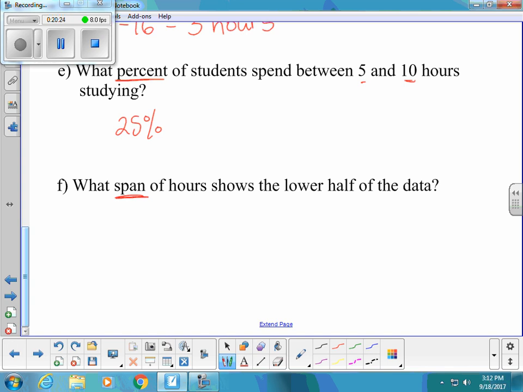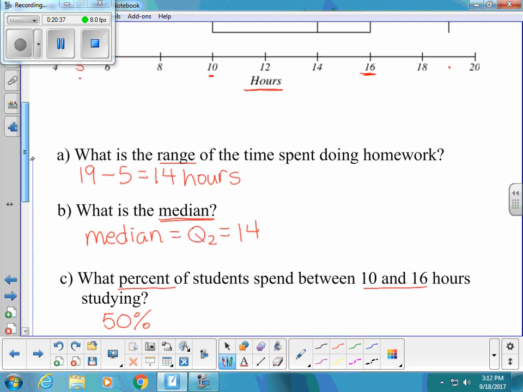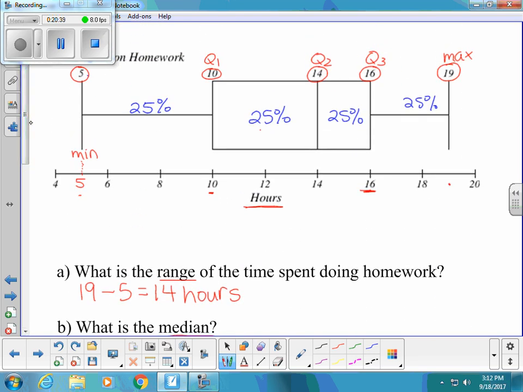And this question here, span, we haven't talked about that before. It says lower half. When you talk about percents, half would be 50%. The lower half would be from here, half would be 2 25s, so to here. And the span would be from, not range, it's a span.